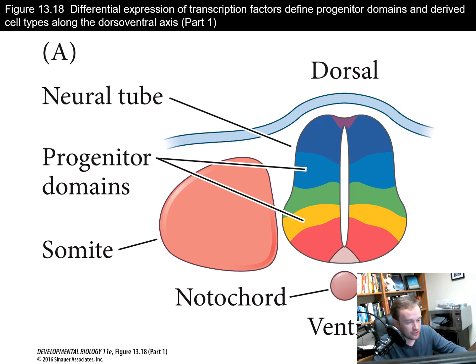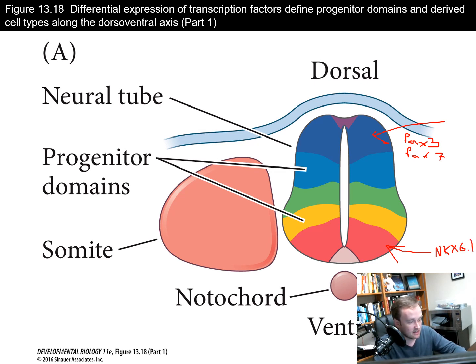So in this dark blue region at the top, we have the expression of PAX3 and PAX7. And then in the most ventral region here, we have the expression of transcription factor NKX6.1.